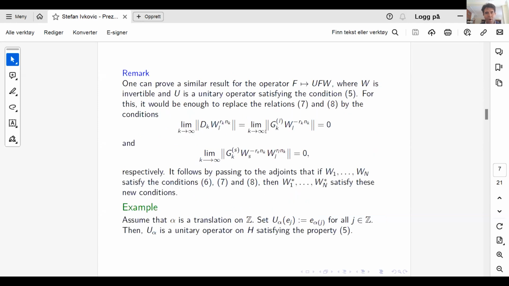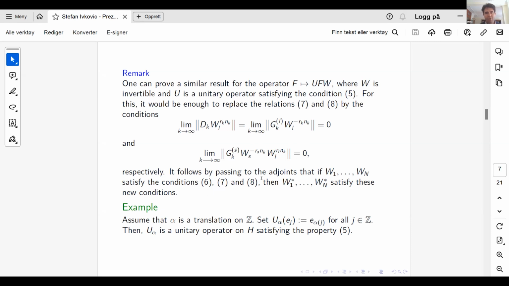And then one can see that we can also turn around the whole situation. We can consider the operator which sends F to UFW, where W is invertible and U is unitary, satisfying the condition 5. And then we have the same equivalent condition, only in this case we turn around the order of multiplication in these limits.